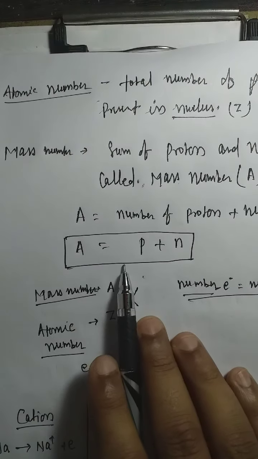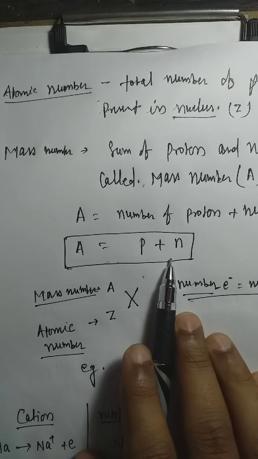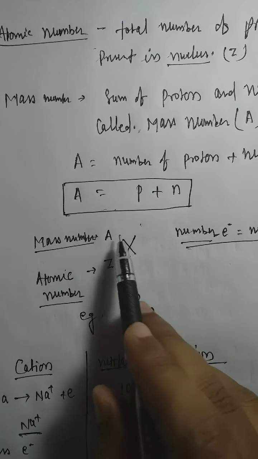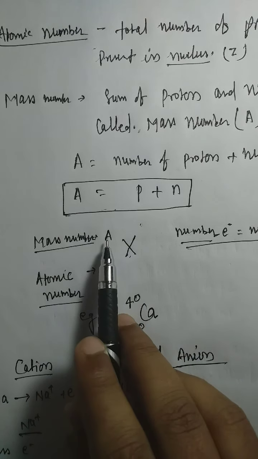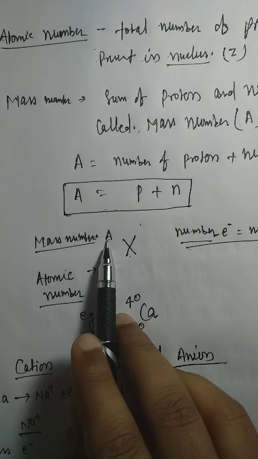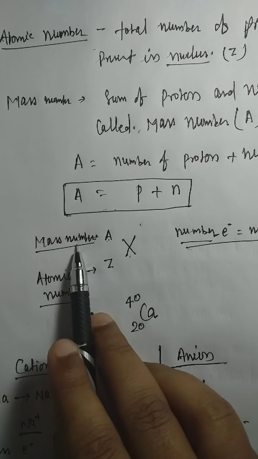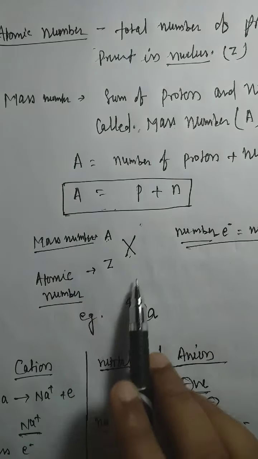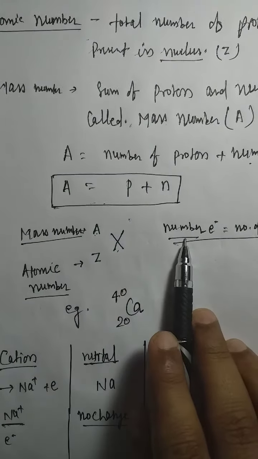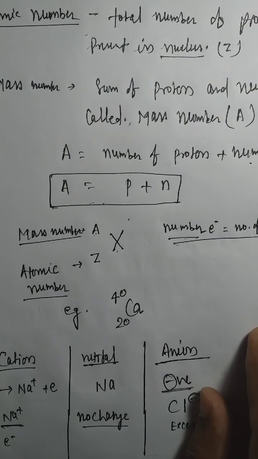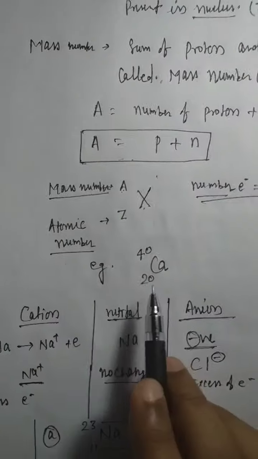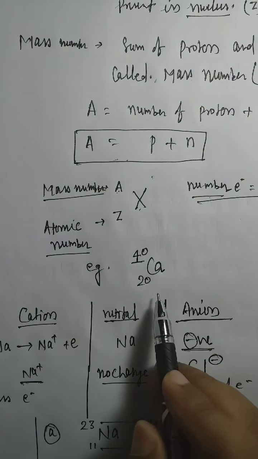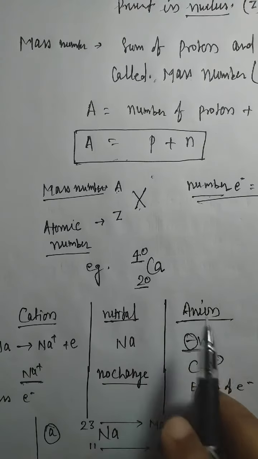You may write the mathematical expression A is equal to P plus N. We take a general example for the element X, how it is presented: the upper number is always the mass number, the lower number is the atomic number. If an atom carries no charge, in this situation number of electron and number of proton are perfectly equal. Later we will take an example like calcium, which has 40 as its mass number and 20 as its atomic number.